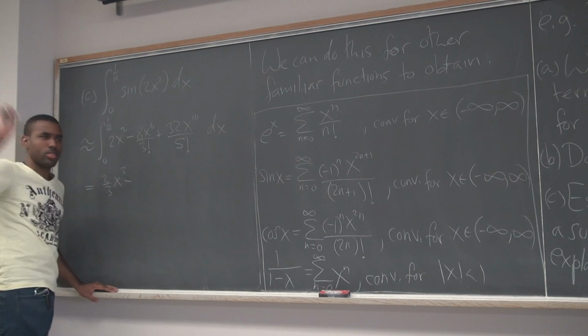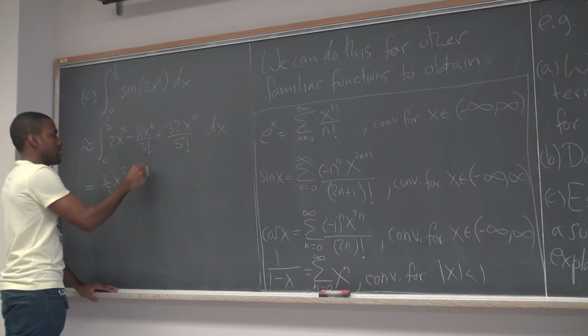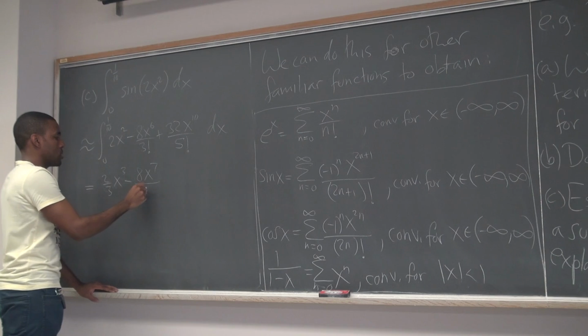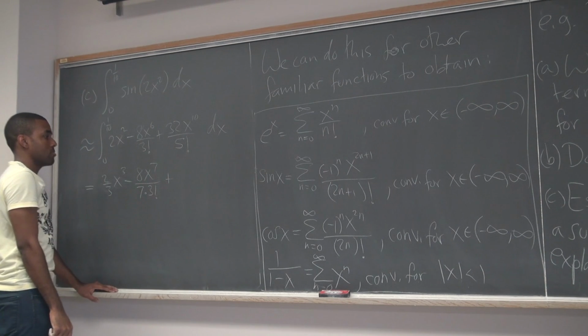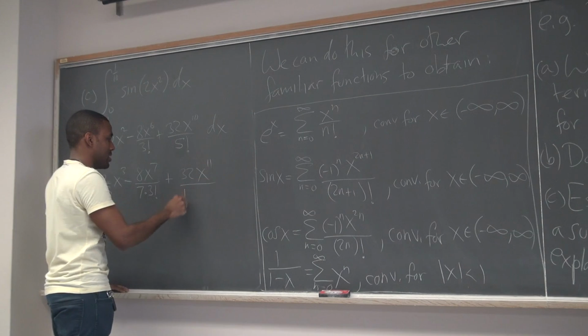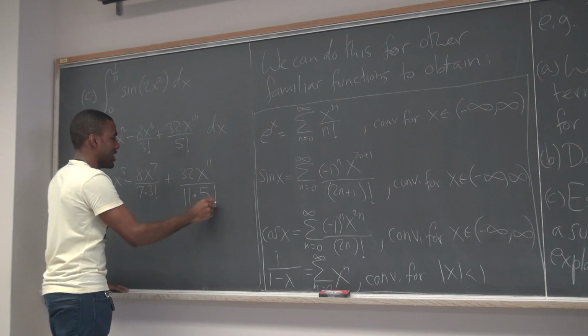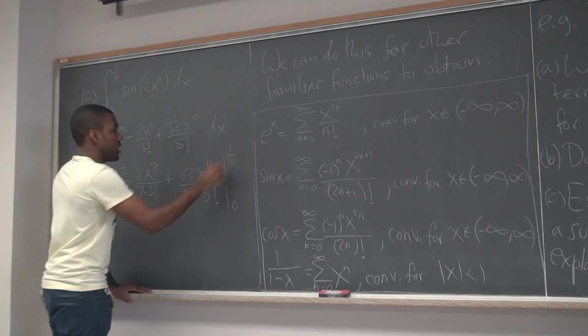It said 4, just throw it on. x to the 7 over 7 times 3 factorial. Come on, knock the rust off your brains. Actually try. Okay, we're going to evaluate from 0 to 1 over 10.